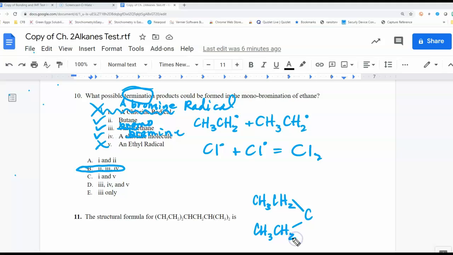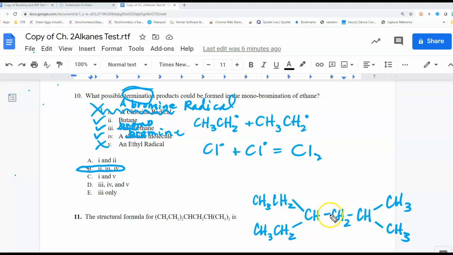CH3CH2 like that, and that has an H on it, but it is also bonded to another CH2, and then it's bonded to a CH, but that CH is bonded to two CH3s, so it looks like this. Woo! That was exciting. It does not look like we need to have any double bonds here.